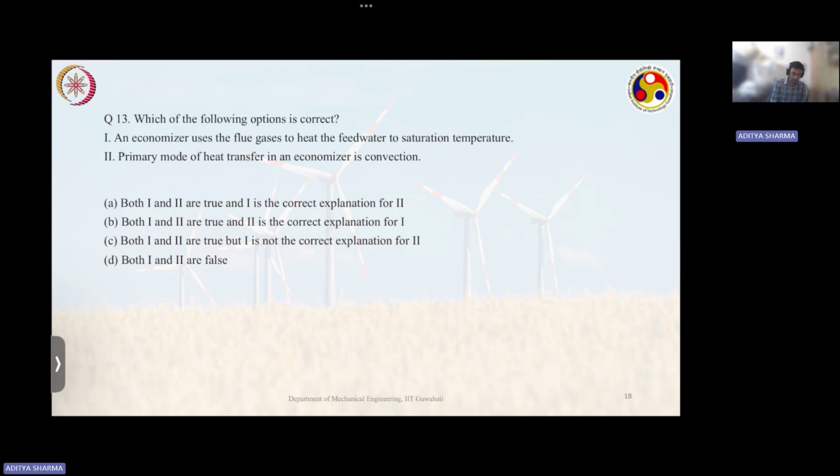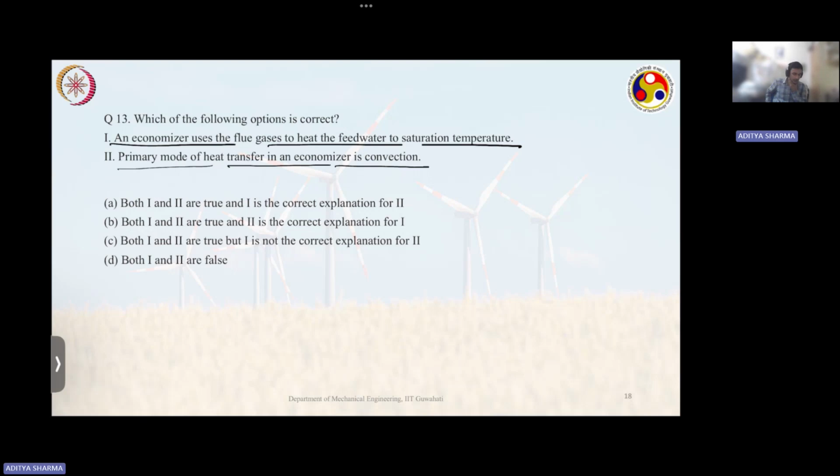So whether this is correct or not. Then the second statement is primary mode of heat transfer in an economizer is convection. So whether this is correct or not.